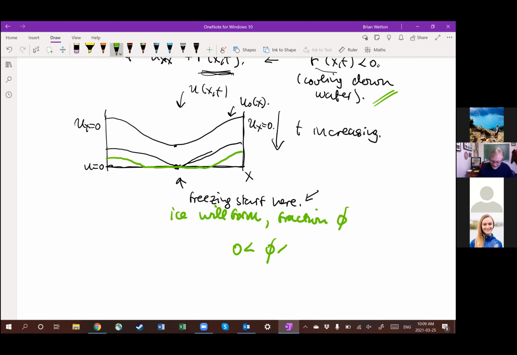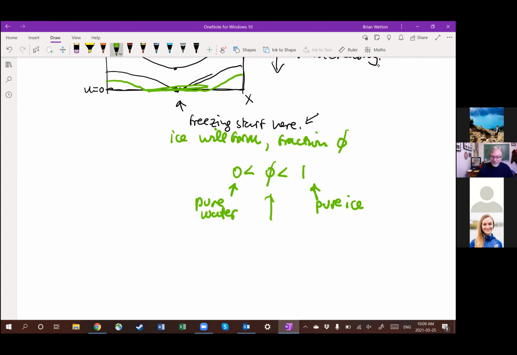between 0 and 1. So this is going to be pure water. And this will be pure ice. And in this region, at some point, I'll have cooled it down enough, I will get pure ice. But before then, I'm going to have this region where I have a mixture of ice and water. And this is called a mushy region. It's a mix of ice and water.